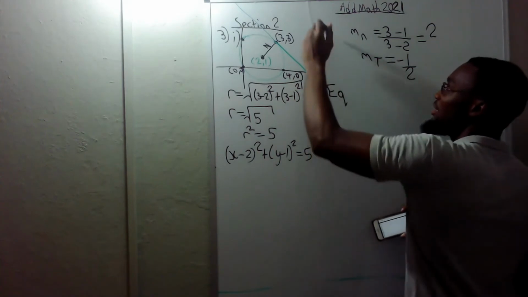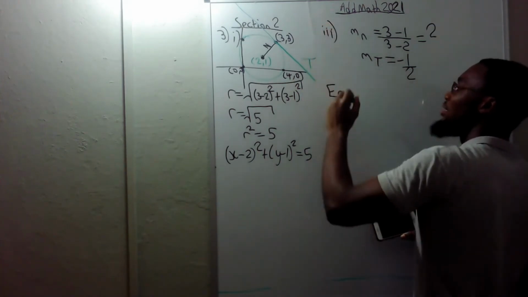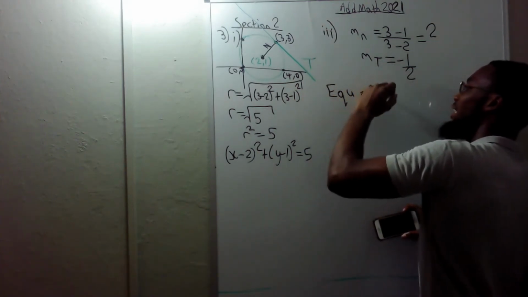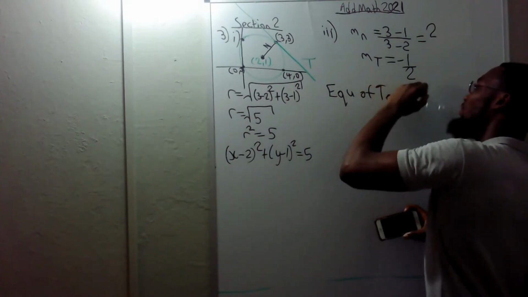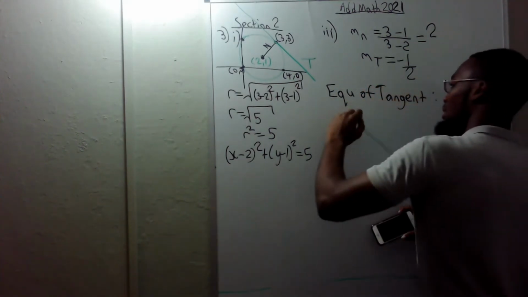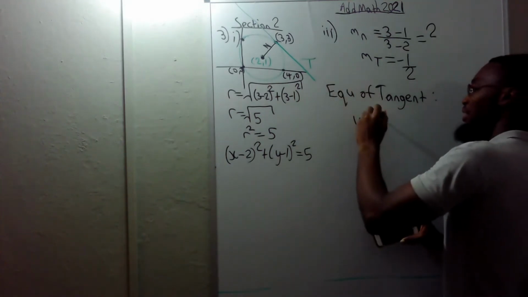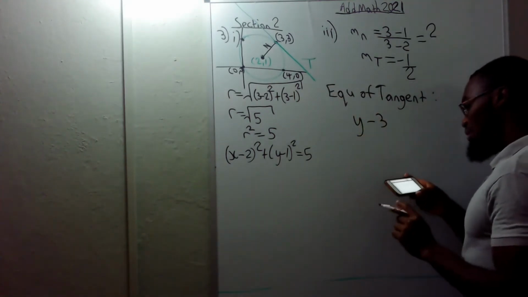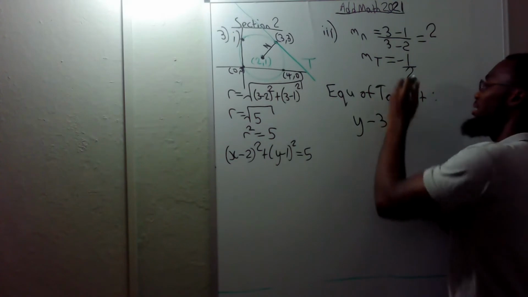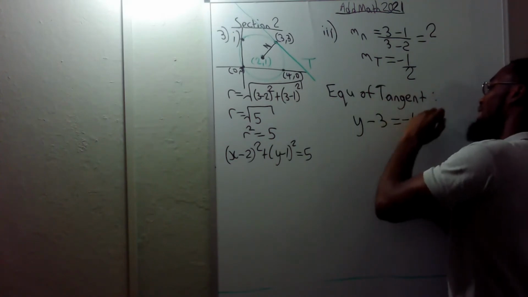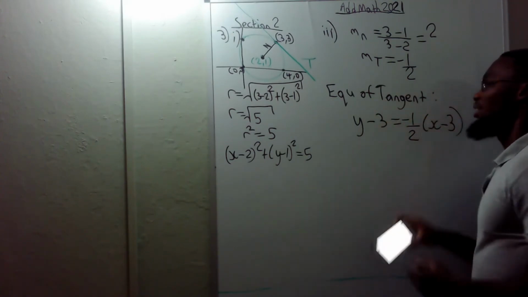So since this is the gradient of the tangent, the equation of the tangent, part 3, is given by y minus the y value 3 equals the gradient negative a half in bracket x minus 3.